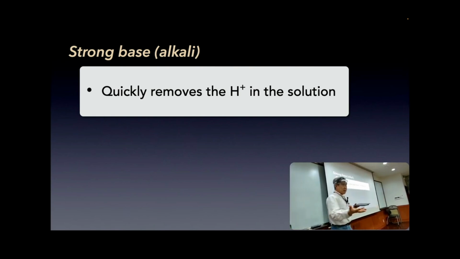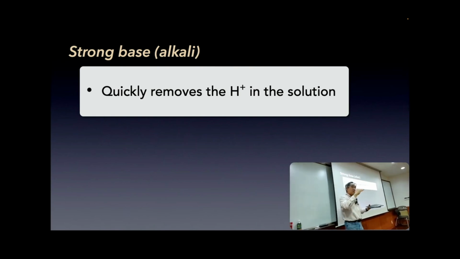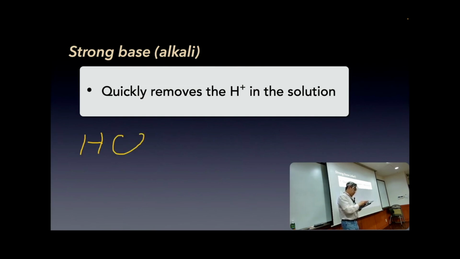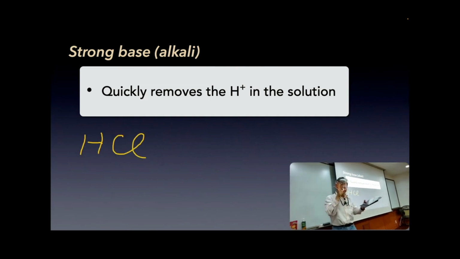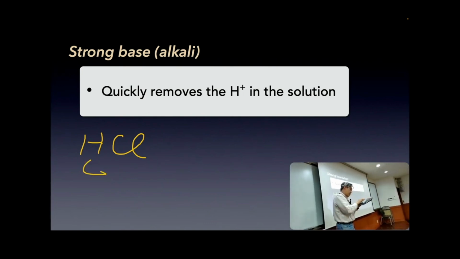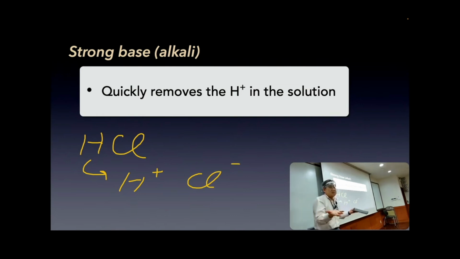Because of that, the amount of hydrogen ion in the solution rapidly increases. Then, by definition, we call such a chemical a very strong acid. For example, the very famous strong acid, hydrochloric acid. When this chemical, hydrochloric acid, is dissolved into the water, what's happening is that immediately these two ionize.